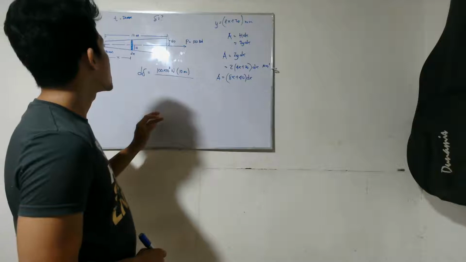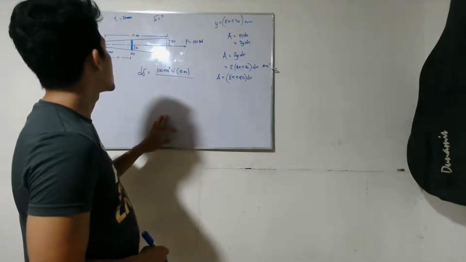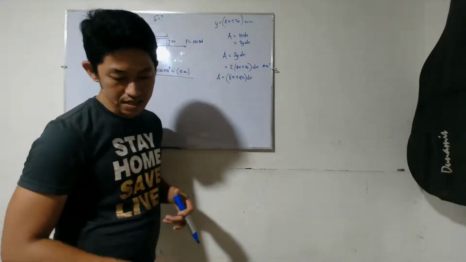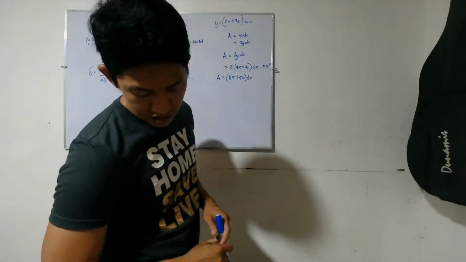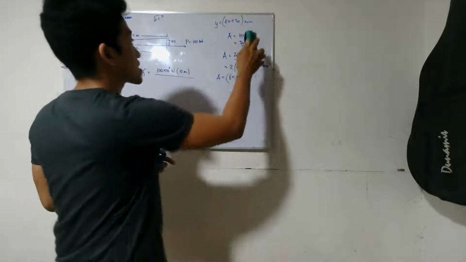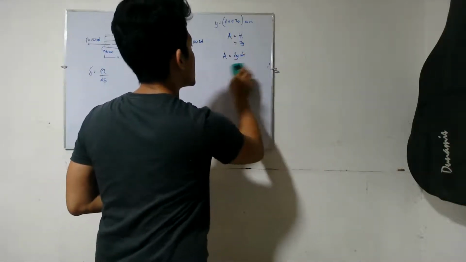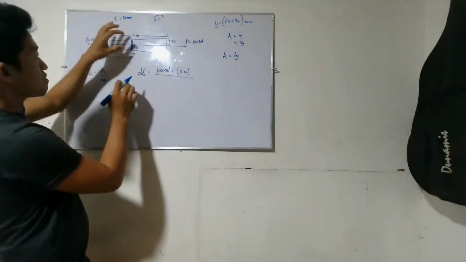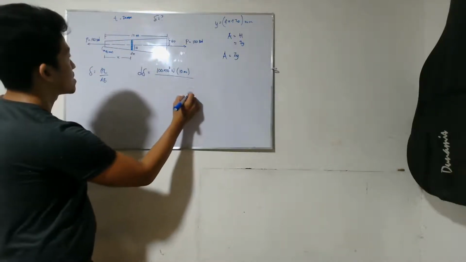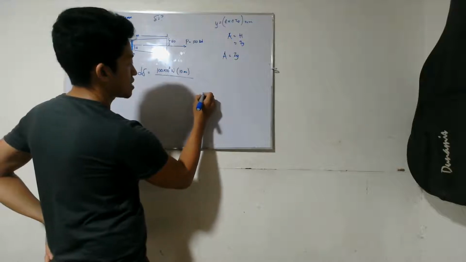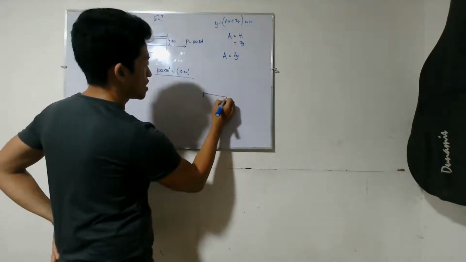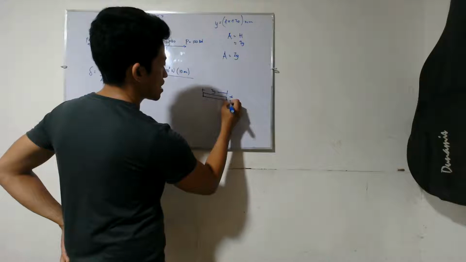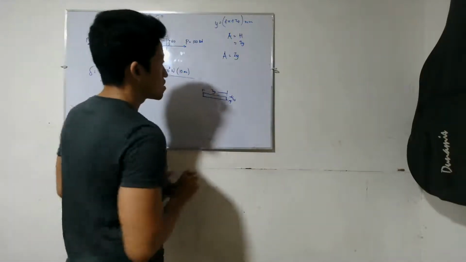No, wrong. That is not the area, because dx is a length. The area is from the top view, so the area is the height 2y times the thickness of 20 mm.